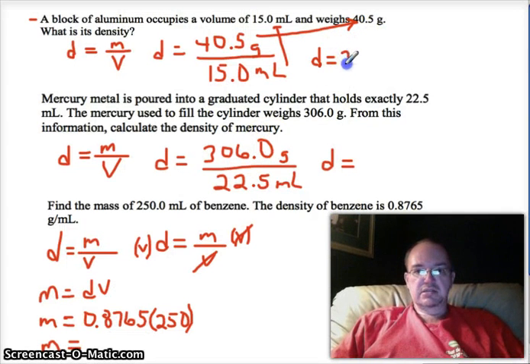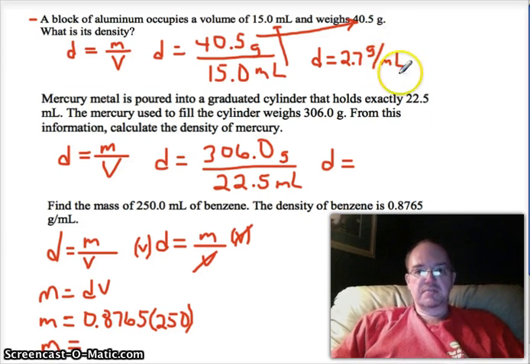Density is 2.7, and that is going to be in grams over milliliters. Like I said, this milliliters is sometimes substituted in for cubic centimeters, and that's something that you'll inevitably see in your book. Take a look at this next one.